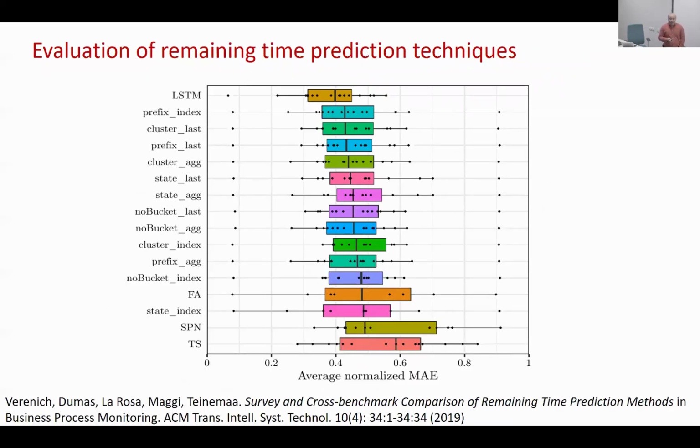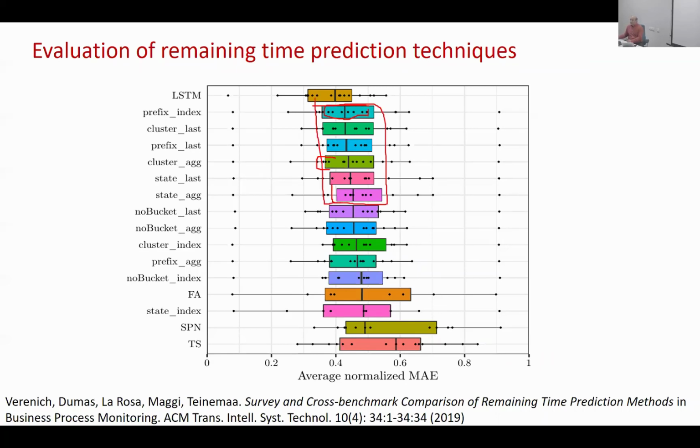An empirical study based on a large number of data sets has shown similar results as before: prefix index encoding is pretty good for predicting remaining time. In this diagram, again, smaller is better. But aggregation encodings end up performing, if you think about it, within the range of error.